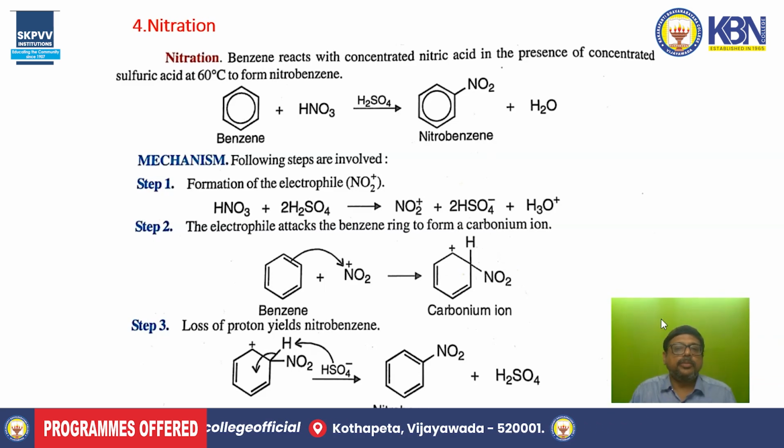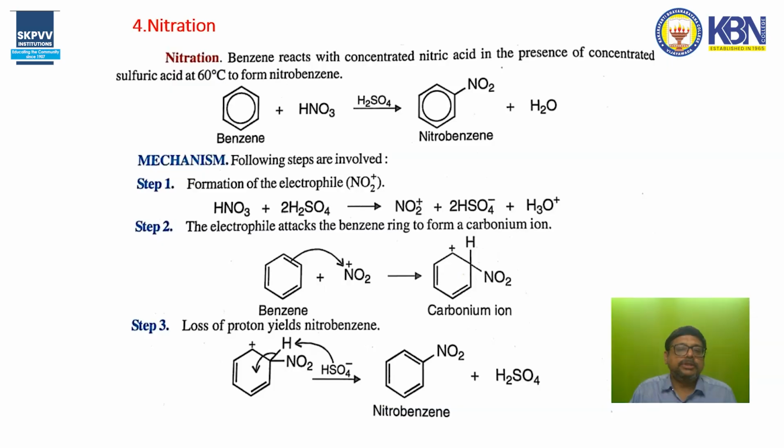gives nitrobenzene. So the reaction contains 3 steps. In the first step, formation of electrophile nitronium ion. So in this step, the concentrated HNO3 is going to react with sulfuric acid, gives NO2 plus, that is electrophile.